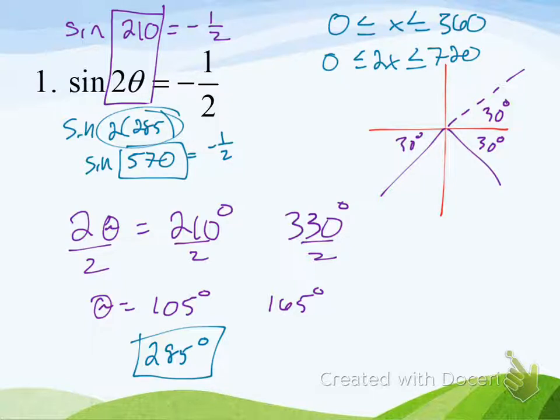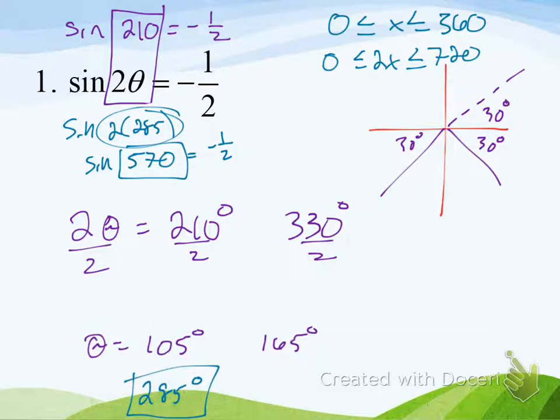So in other words, when I found 210 and 330 as potential solutions, I needed to keep wrapping around so that I can get other angles in the interval of 0 to 720 to give me possible solutions as well.